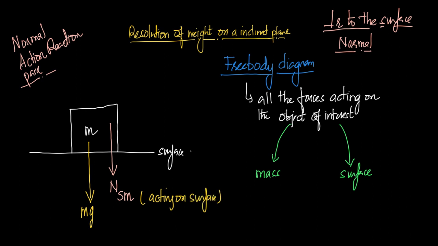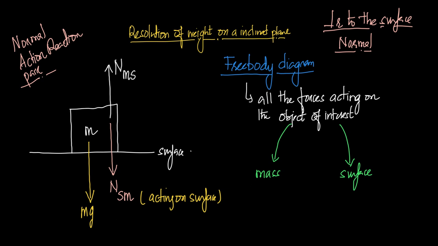Now, by Newton's third law of motion, we know that if there is a force acting, there would be an equivalent opposite force acting. This time it would be on the block and not on the surface. So the block will experience a reaction pair, say N, this time on M due to S.